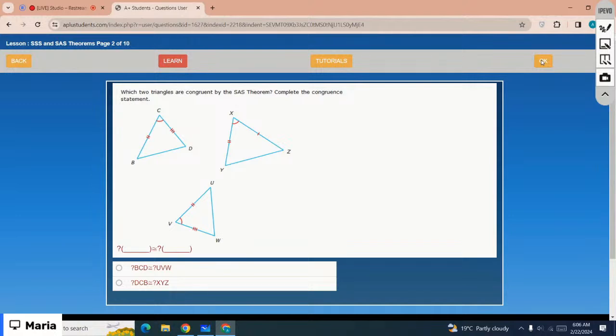Which is the correct option? That's the second one. Triangle BCD and triangle UVW are the congruent triangles. They have the same angles. So option number 2 is correct. No, option number 1 is the correct option, UVW.